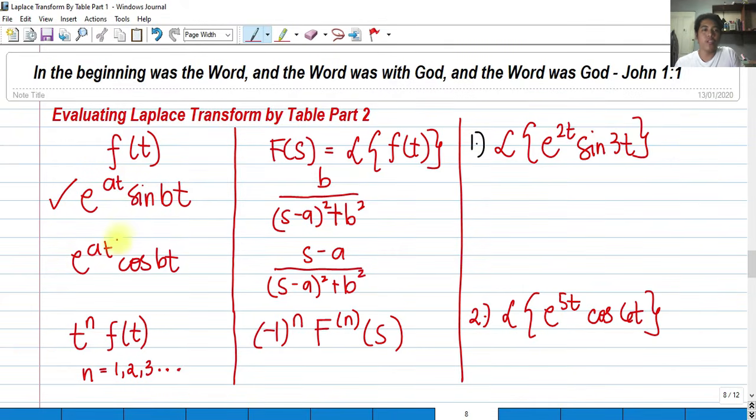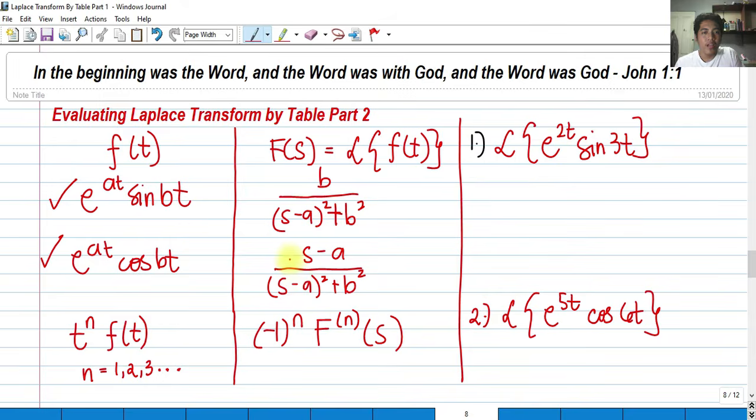And again, of course, if the sine is changed to cosine, the Laplace transform also will be changed. The change is that this would become s minus a over quantity s minus a squared plus b squared. It is pretty much the same as the Laplace transform of sine, but the difference is that there is an s minus a on the denominator because of this exponential function.